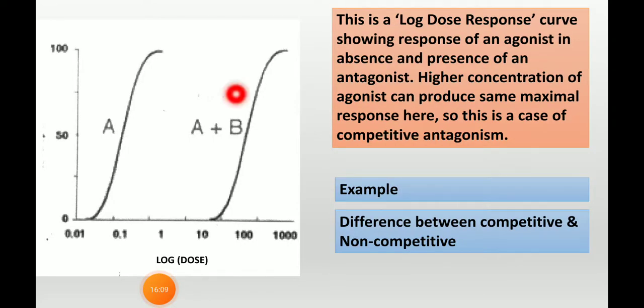So when you place it on the logarithmic scale, you will see this curve. So this is an example of competitive antagonism. The laboratory investigation has been demonstrated previously with the help of acetylcholine and atropine, and here I am showing you what you will observe when you place the values on the logarithmic scale.